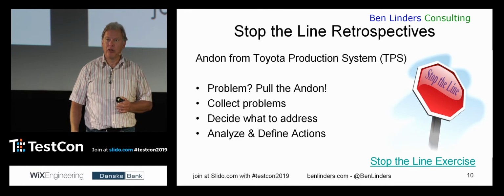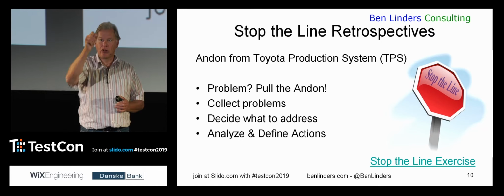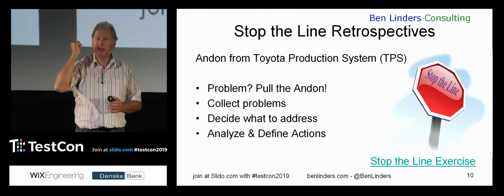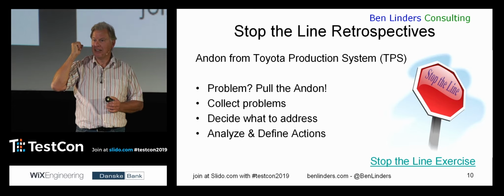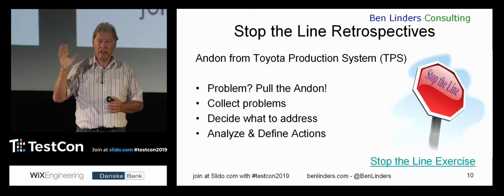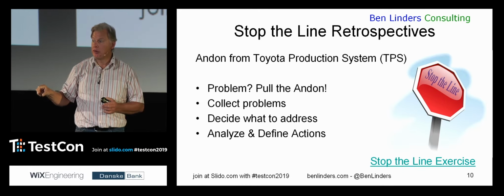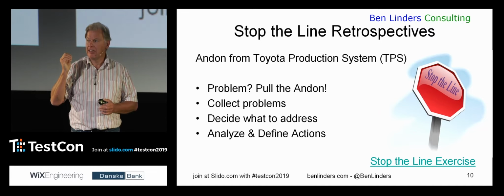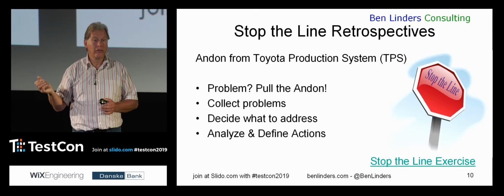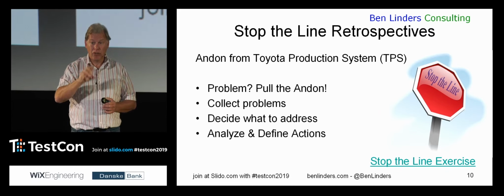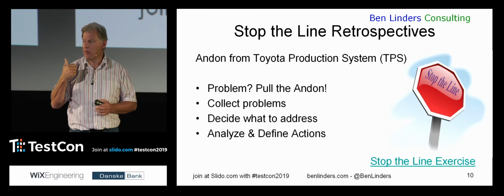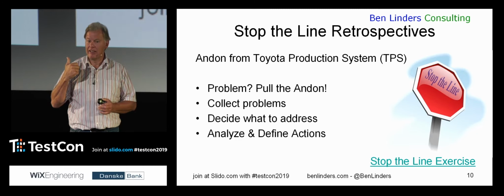If you look at the production of cars, all along the production line, any worker can pull down the rope if they see a problem, and that would actually stop the line. The whole idea was, instead of continuing to produce cars when there's a big problem, stop the production line, solve the problem collaboratively, and once it is solved, continue production, instead of shipping cars with a lot of problems in them.